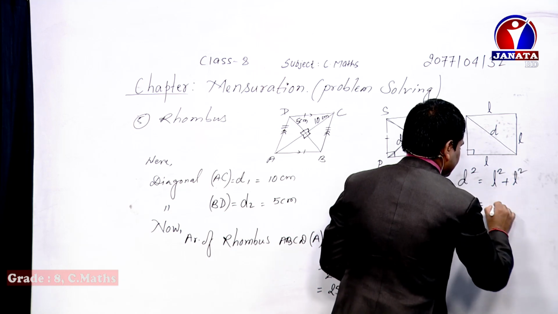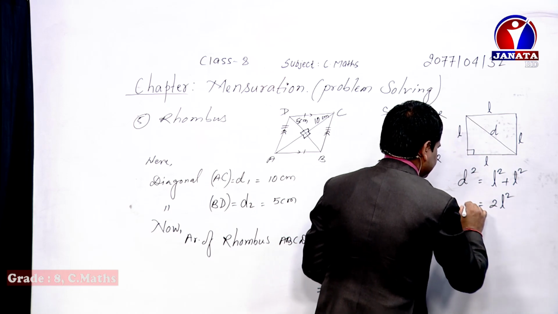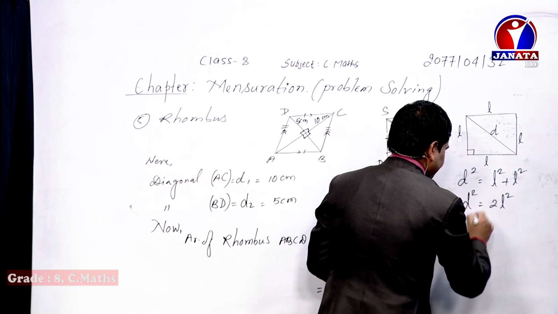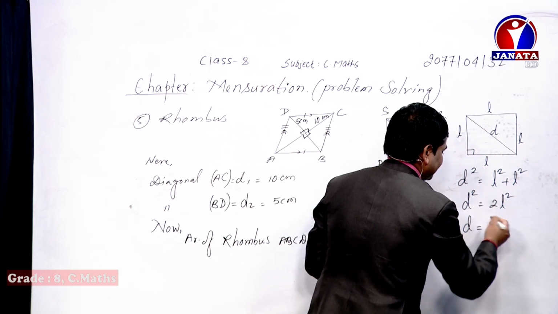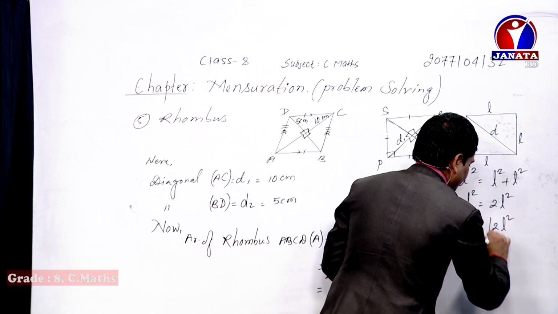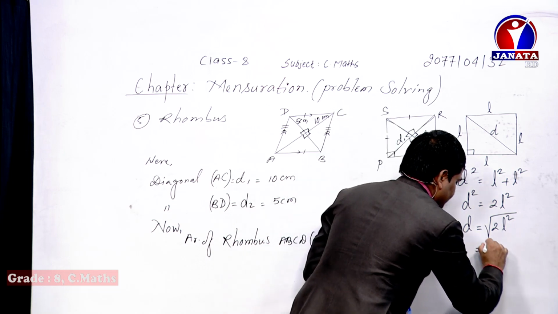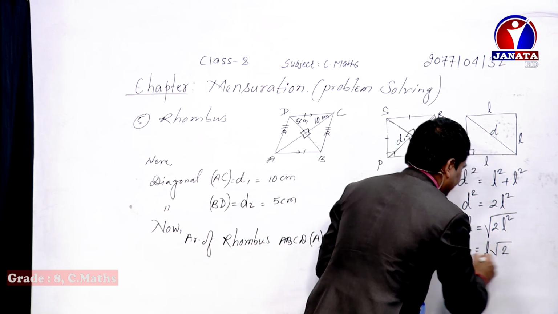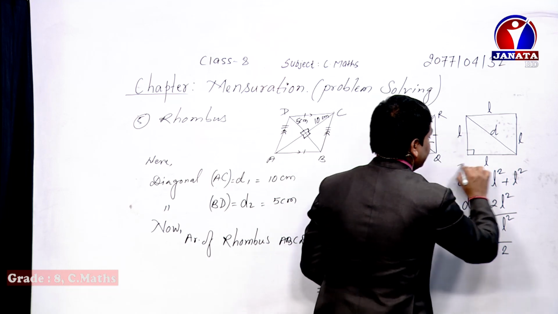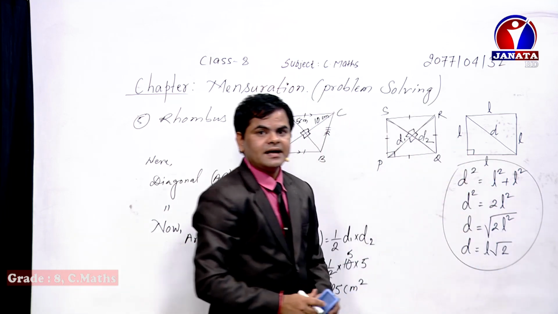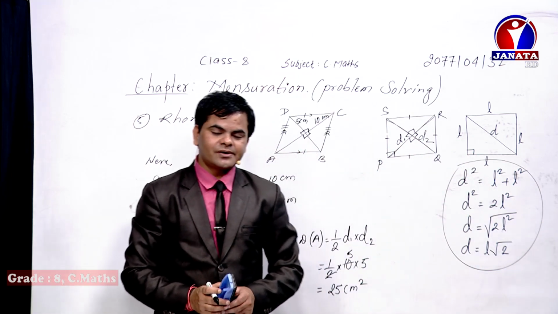So L square plus L square, 2L square, here is diagonal square, isn't it? So when we take square root on that side, root under 2L square. As it is square, L comes outside and 2 remains inside. So this is the diagonal finding formula of square. Diagonal of square is L root under 2.